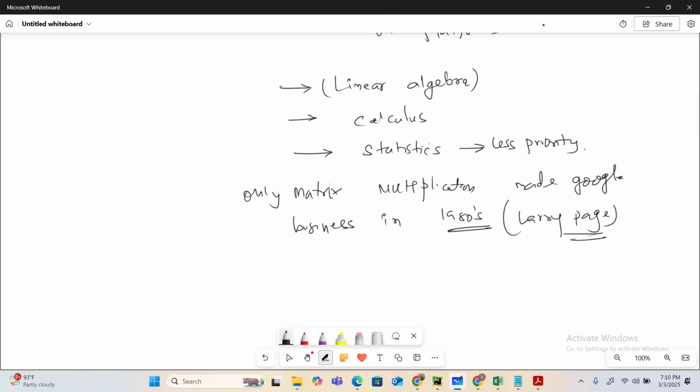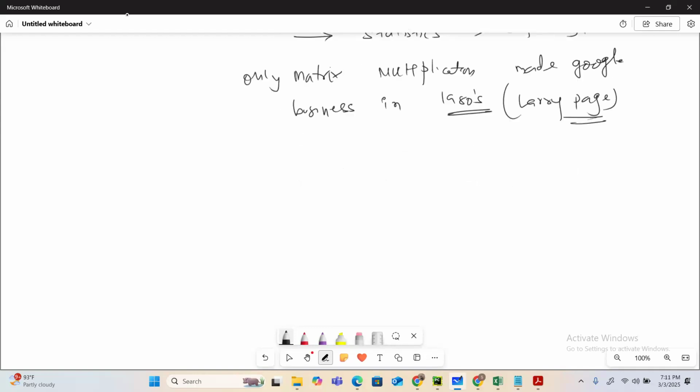Linear algebra has existed for a long time. I don't know why, from a data science perspective, people have given so much hype to statistics.